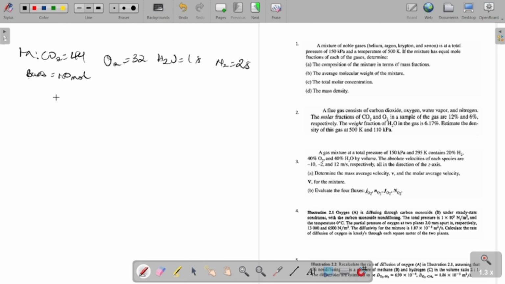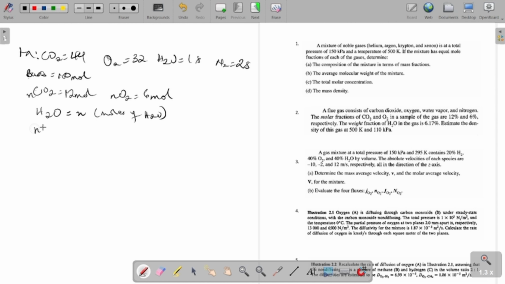With a basis of 100 mole, CO2 will have 12 mole, and oxygen will have 6 mole. Then I can let the moles of H2O be equal to x.